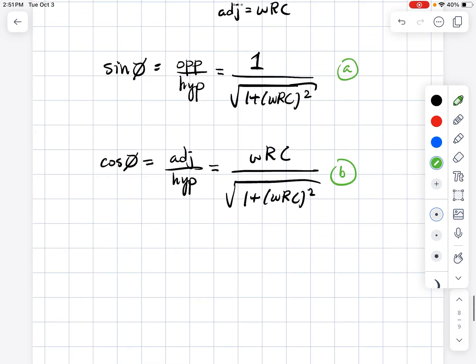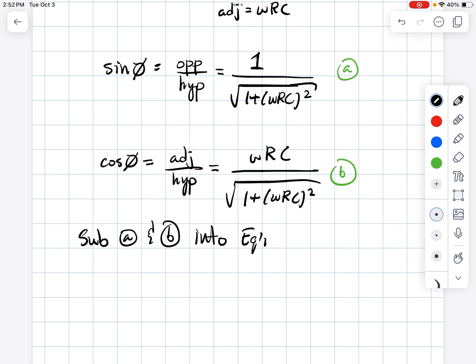So our plan is to sub A and B into equation 1. Okay, so let's give that a shot.